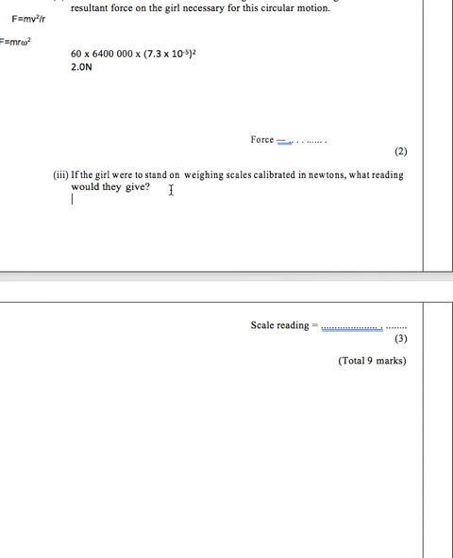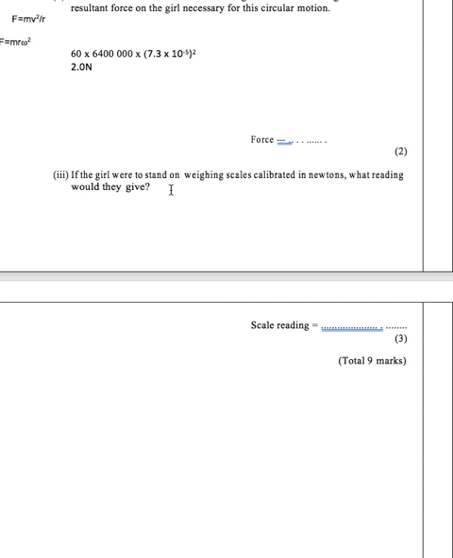So it is the reaction of the scales on her that is getting less. So if the scales are reading the reaction rather than reading her actual weight, then the scales reading will fall by 2 newtons.